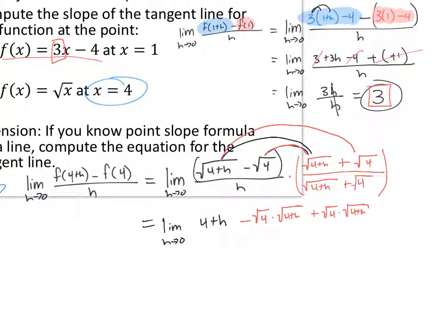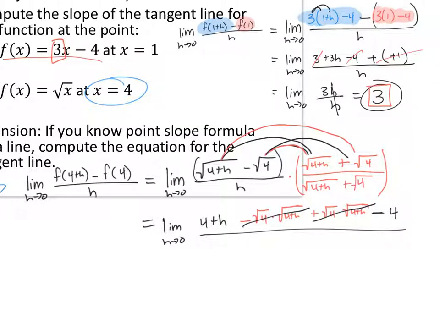And then we've got to do that last piece. Root 4 times root 4 is just 4. Actually, it's negative 4, my apologies, because it's negative root 4 times positive root 4. So it's negative 4. But did you notice that this is a negative, this is a positive, they're opposites, so all of this cancels with all of that.